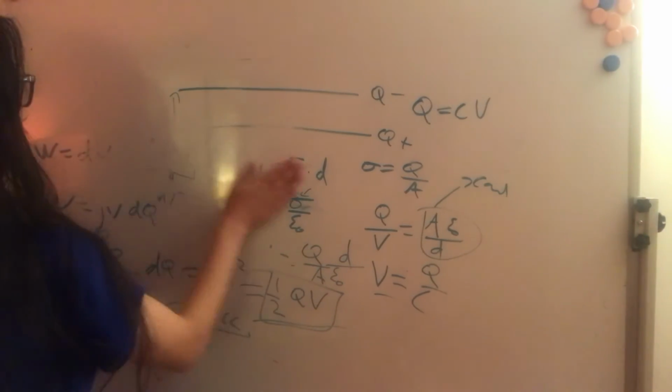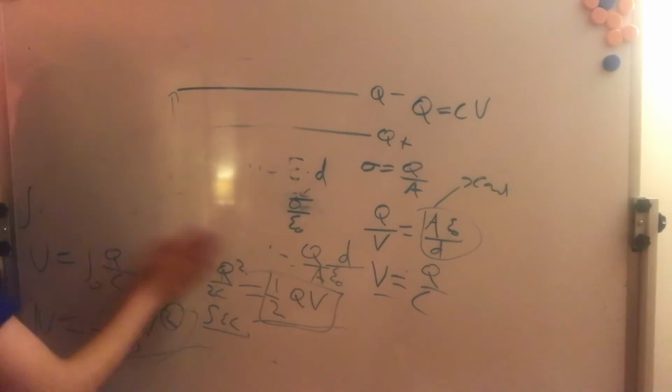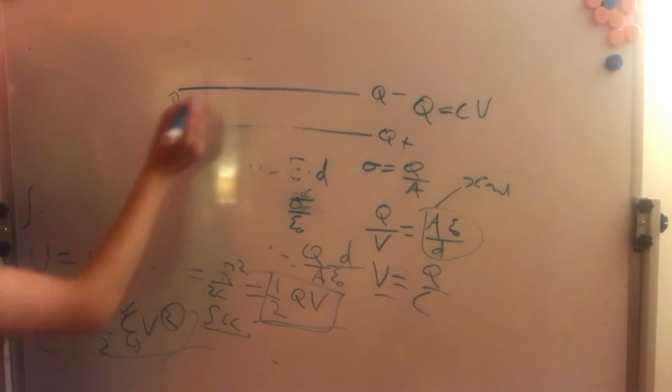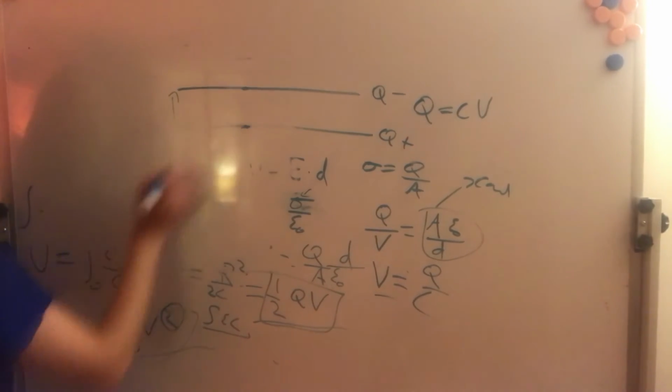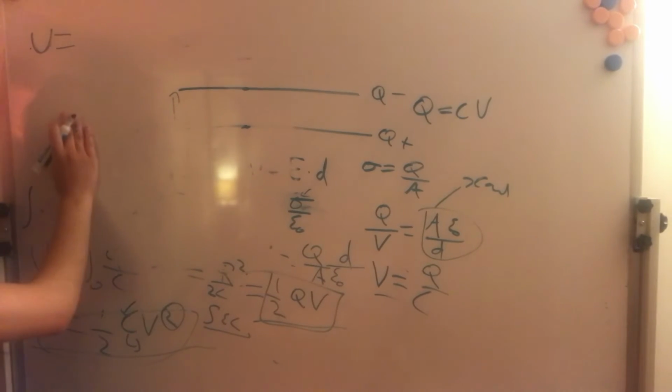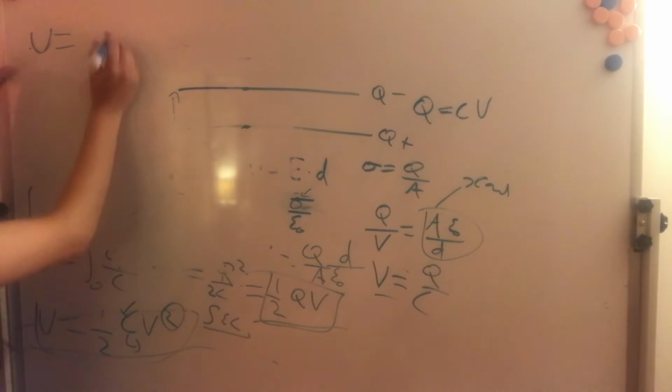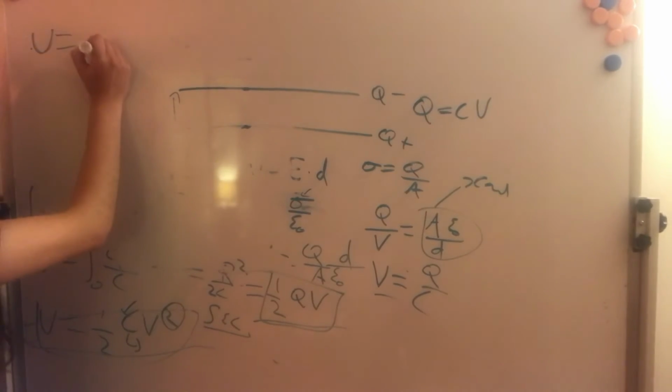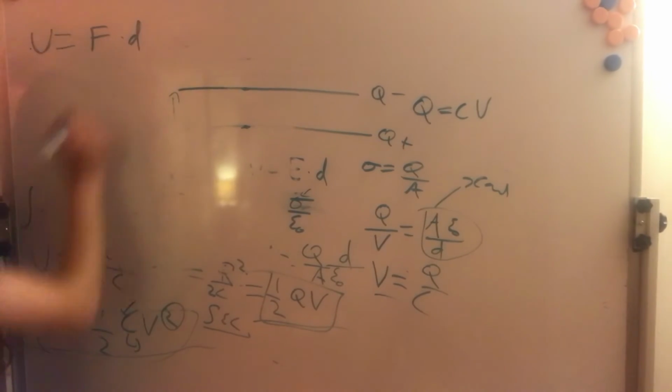The other way is, here we have a charge and another charge. We know that the electrical potential energy is the force times the distance.